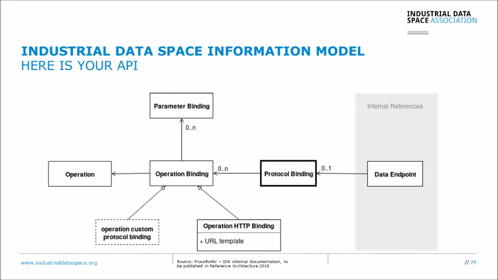Everything that you would like can be described here in a generic way and in an understandable way for every other connector, so that you can not simply but easily provide a certain programmatic interface to exchange data with a system that is described in this way. So here is your API. Here is where you can describe your API in a generic way so that everyone understands and sees if he can consume data from you or he cannot.